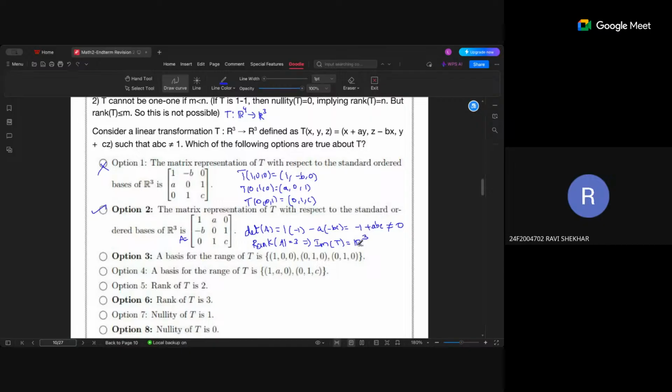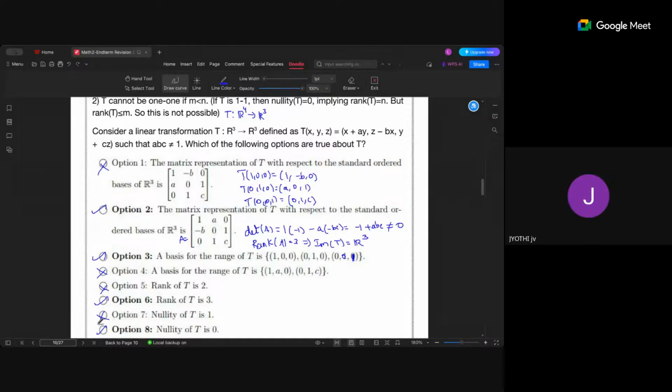If your range is the entire R3, the basis for the range is (1, 0, 0), (0, 1, 0), (0, 0, 1). So this is a correct option. This is incorrect. This is also incorrect because rank is 3 for us. And since rank is 3, you know that nullity is 0.